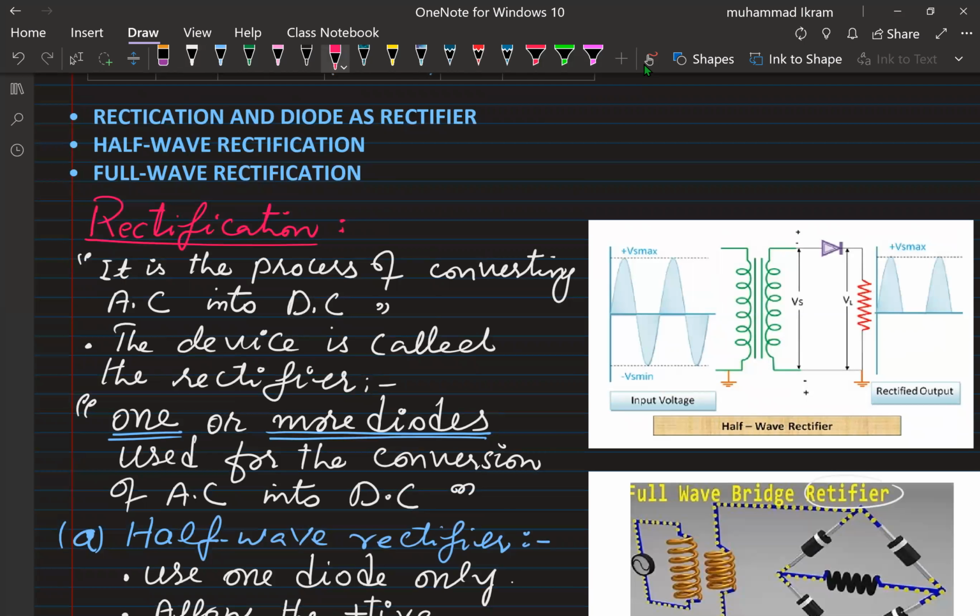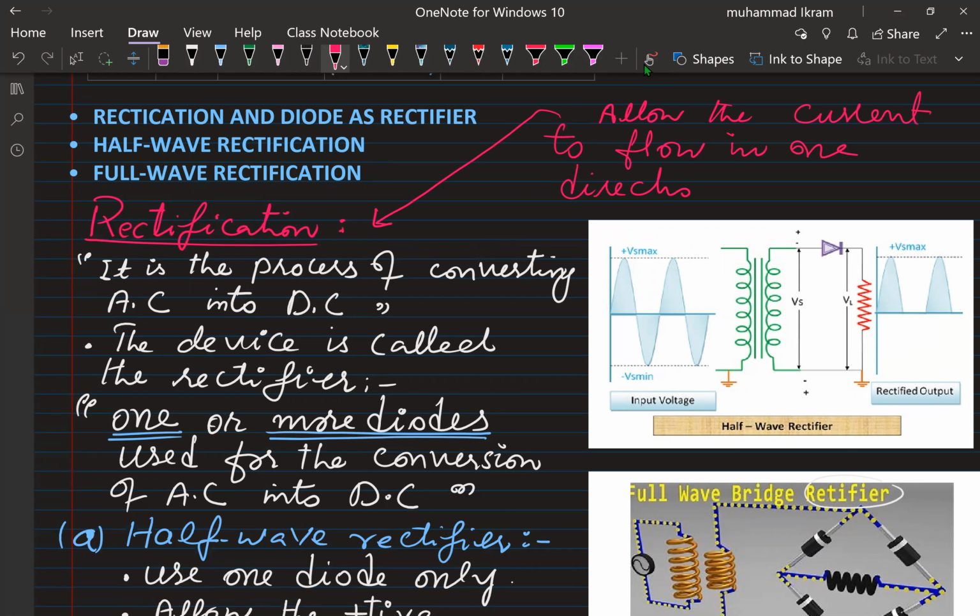The rectifier, what does it actually do? The rectifier allows the current to flow in one direction only.